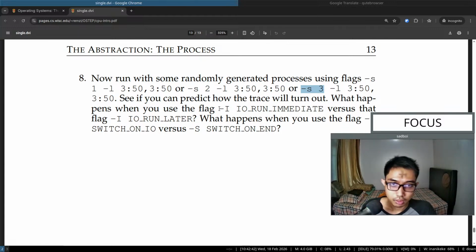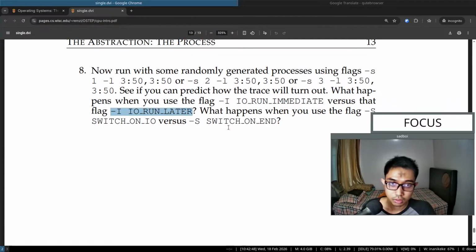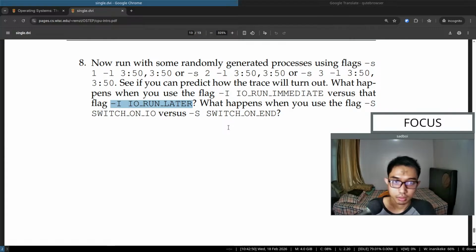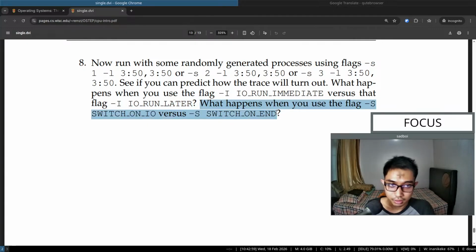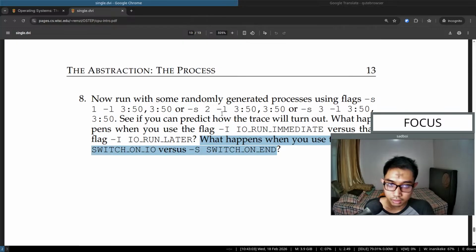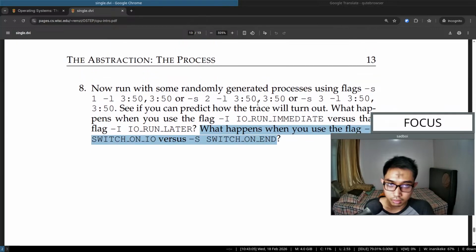New use flag versus, what happened? Oh, there is a lot of possibility in there. Okay.